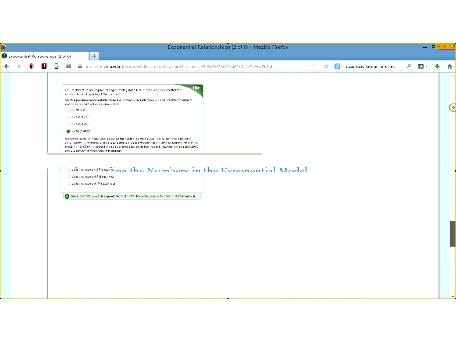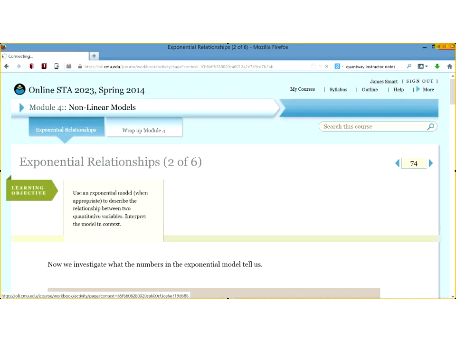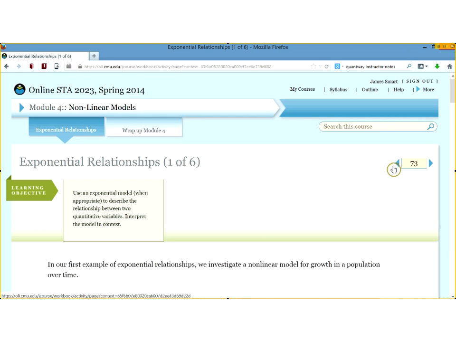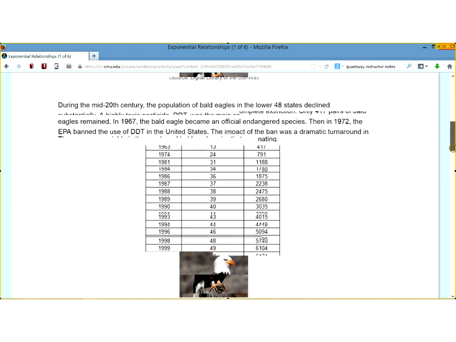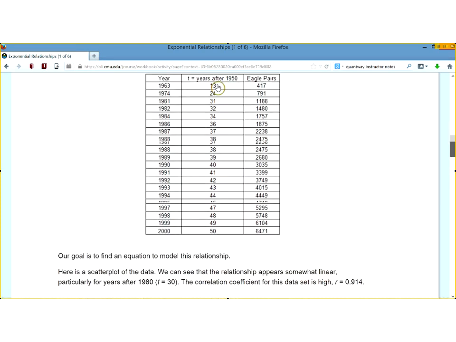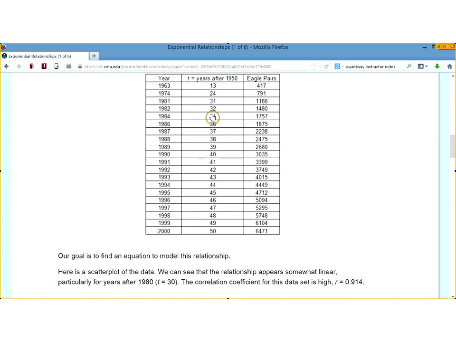All right, so I'll go on to the next page. Oh, and real quick, I'm going to go backwards again 1 page. At this rate, we'll never get through Module 4, and I was promising it would be faster. We're actually already through a big part of the meat of this module.